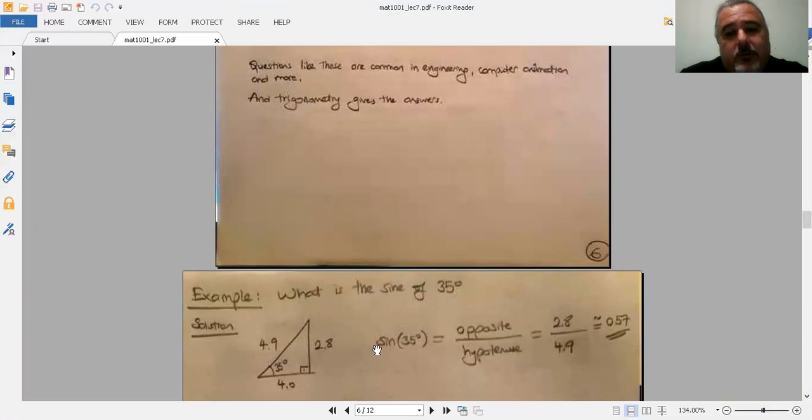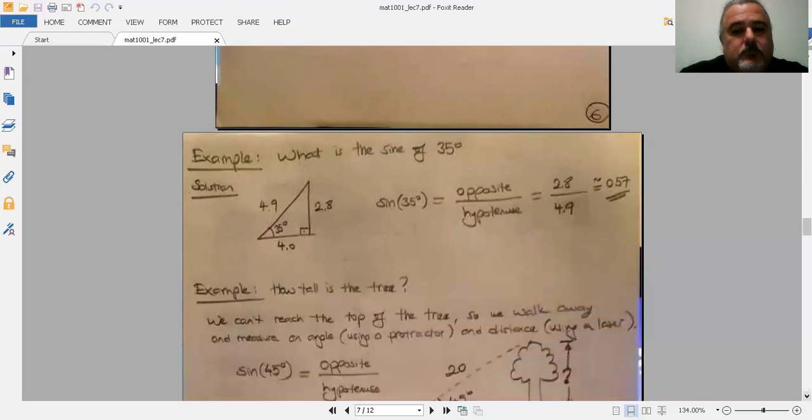We are looking for sine 35 degrees. What was sine? It was opposite side over hypotenuse. So what is the angle that we are looking for? 35 degrees. So the opposite is 2.8 divided by hypotenuse 4.9. So sine 35 is 0.57. Of course, it is approximate.